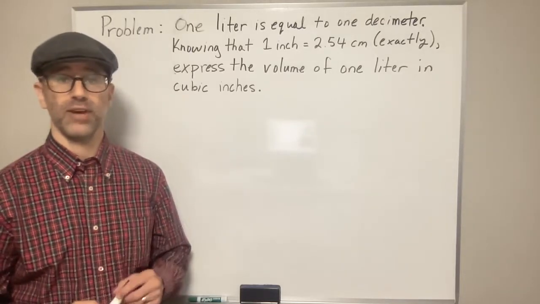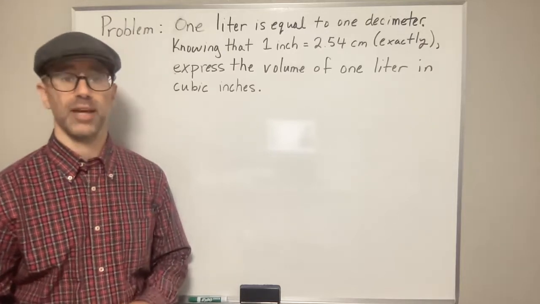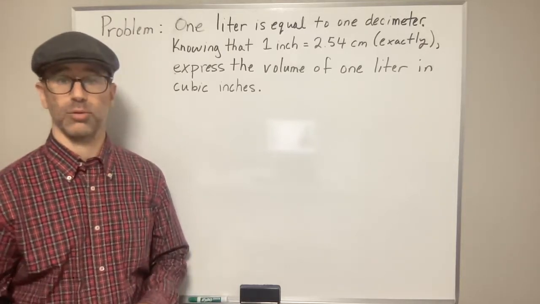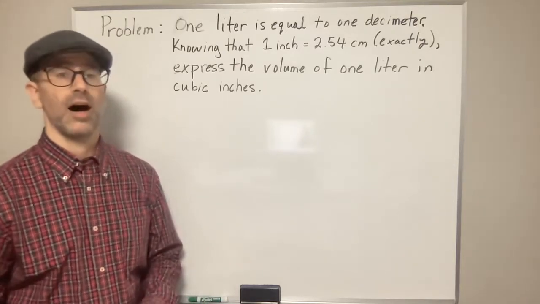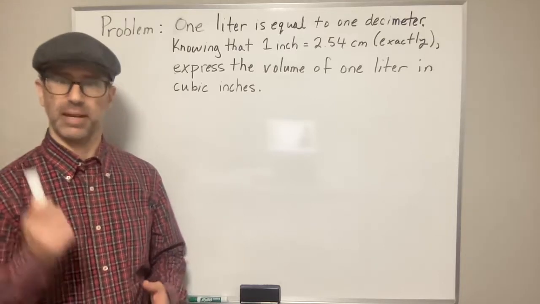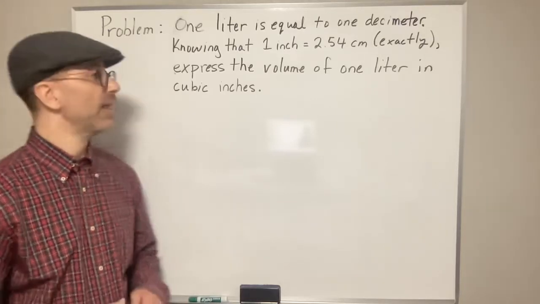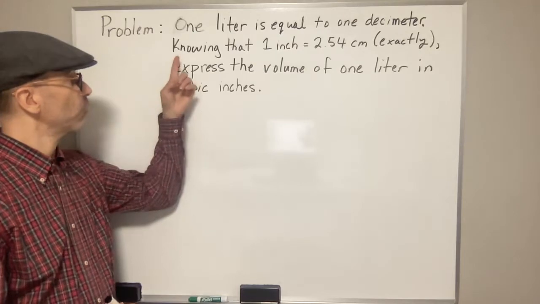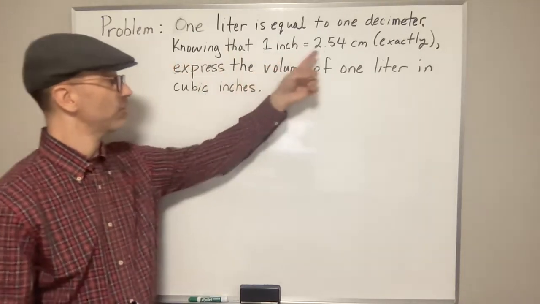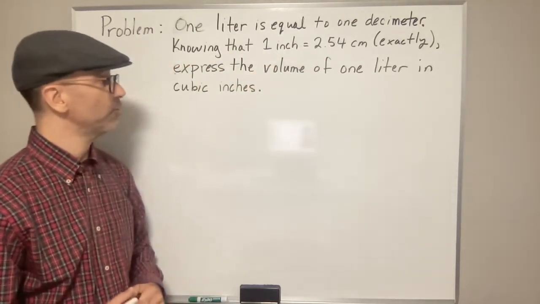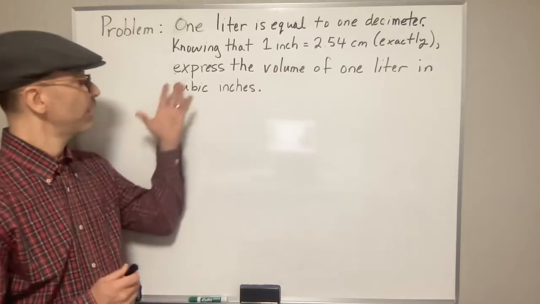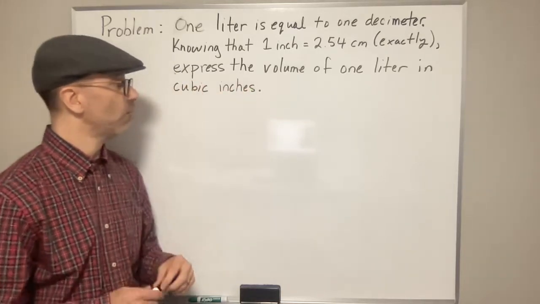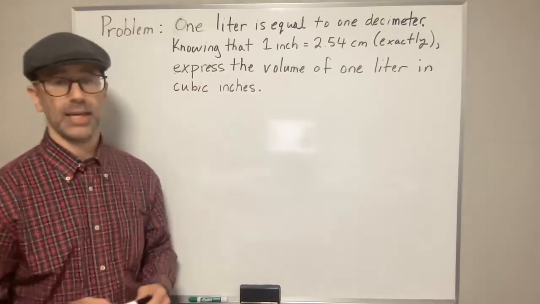We have just defined it to be the case that 1 liter is equal to 1 decimeter. I think I said deciliter last time. I meant decimeter. It also tells us that 1 inch is equal to 2.54 centimeters, exactly, and they want us to express the volume of 1 liter in cubic inches.